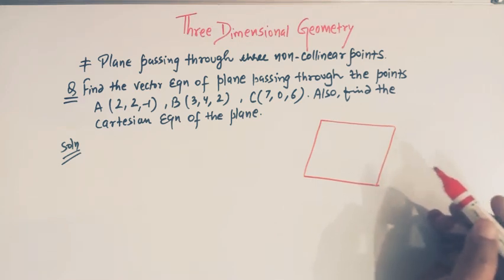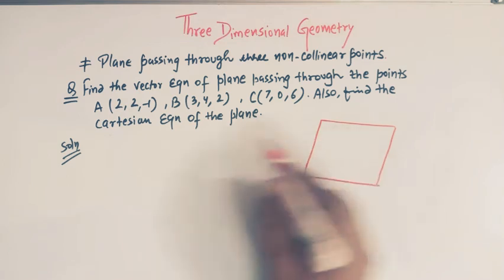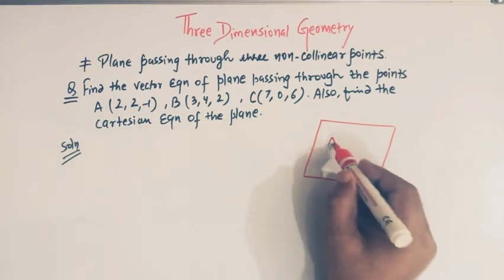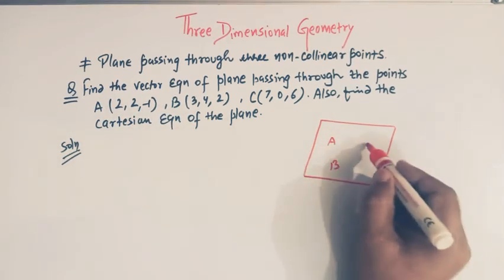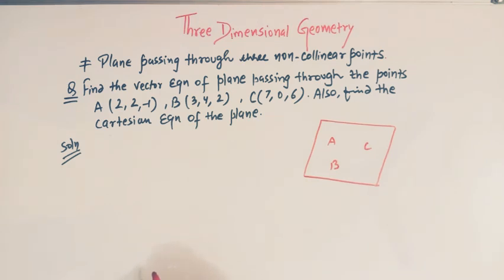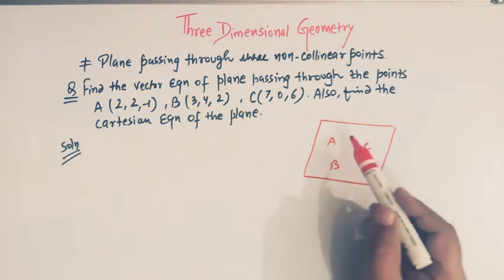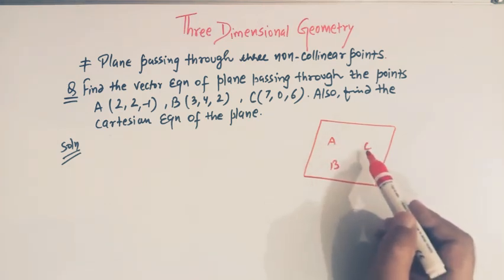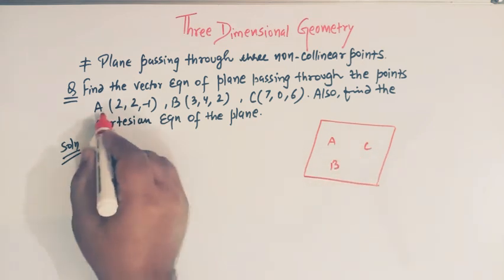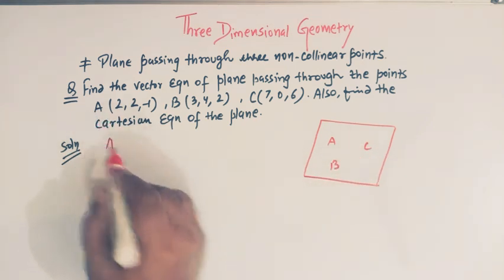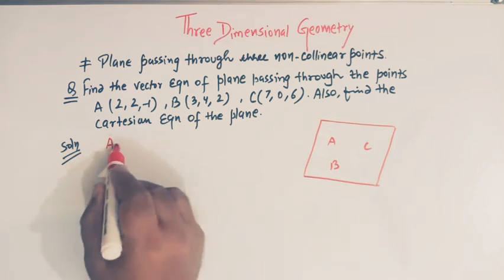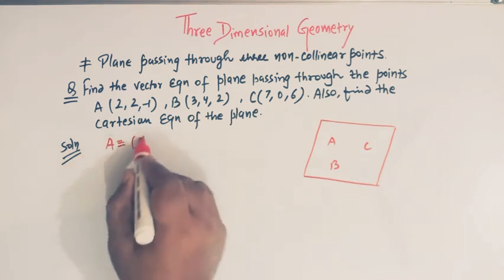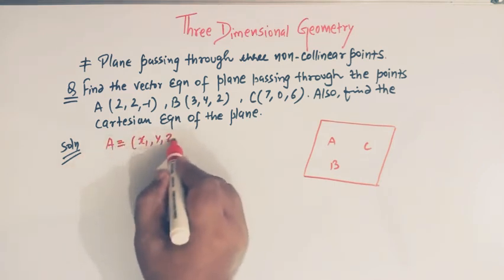So let us take 3 points, say this is A, this is B and this is C. Now A, B, C are 3 non-collinear points, and let the coordinates of point A be x1, y1, z1.